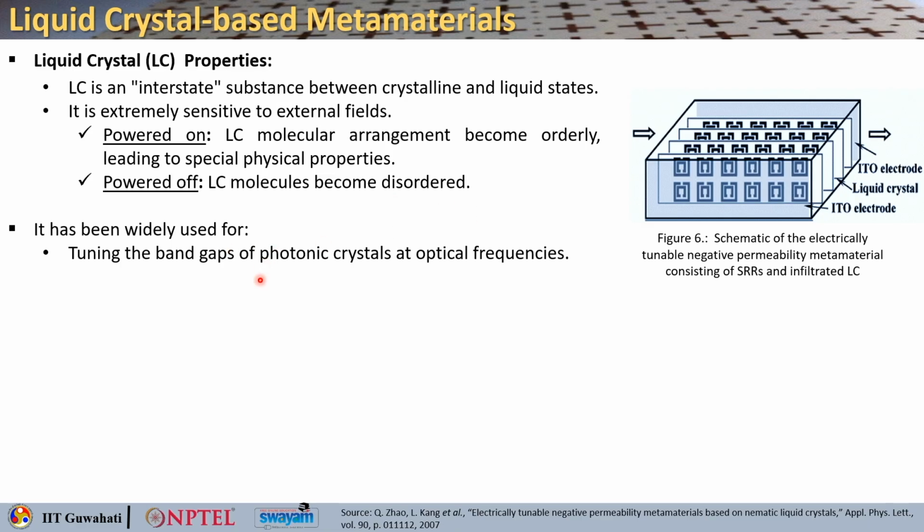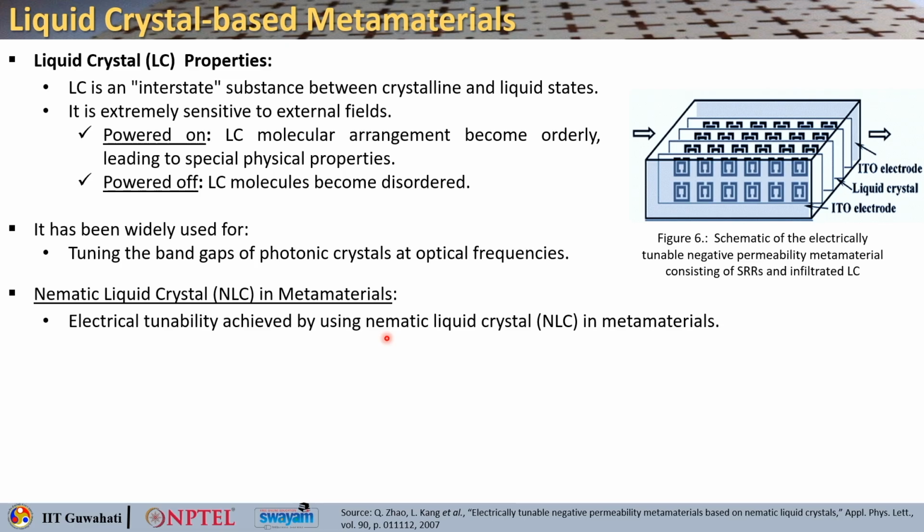Now, it has been widely used for tuning the band gap of photonic crystals at optical frequencies. Here we will be focusing on metamaterials in the microwave range, where nematic liquid crystals play a very important role. These nematic liquid crystals are a state of matter characterized by molecules that exhibit long range orientational order.